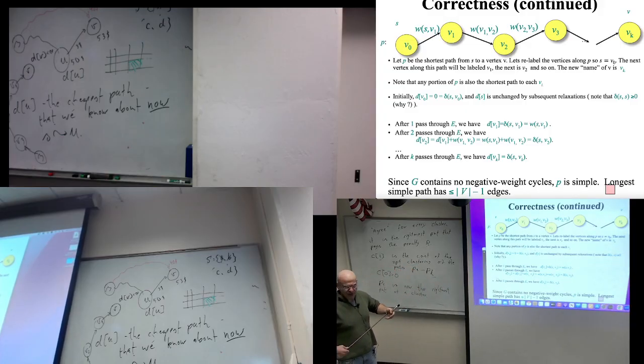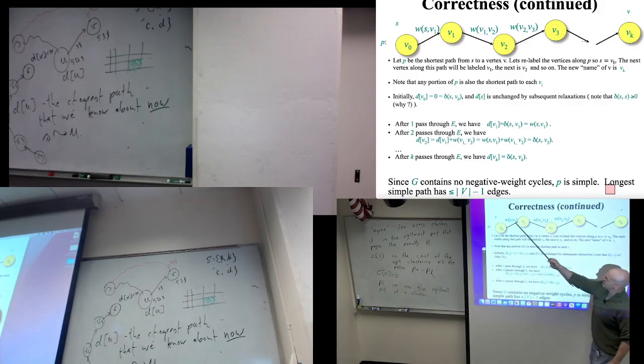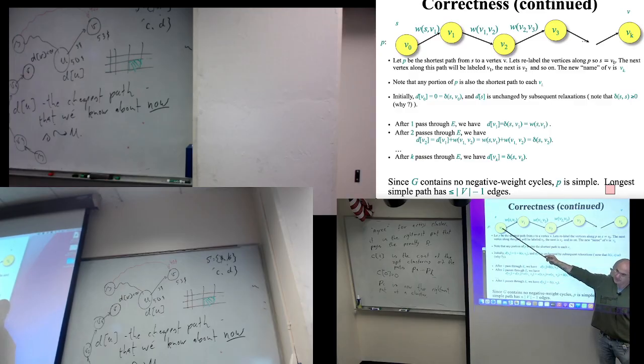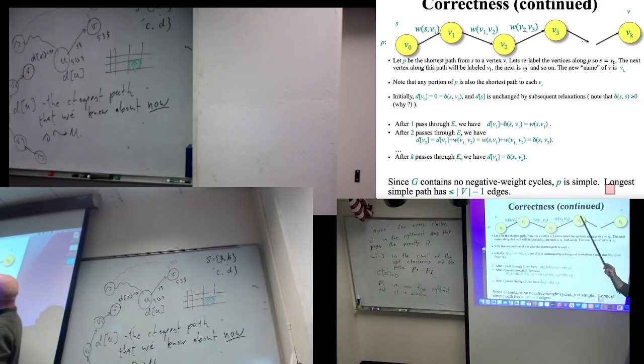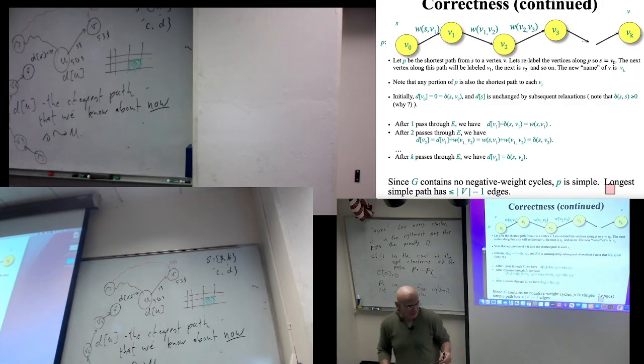If there is no negative cycle, then there is a shortest path, and here it is. I just laid down the shortest path for you, and I give new names to all the vertices. V0 will be the first one, just a different name for S, then V1, V2, V3, all the way. Okay? The relabeling was a confusing part.